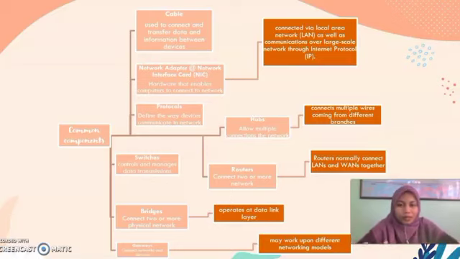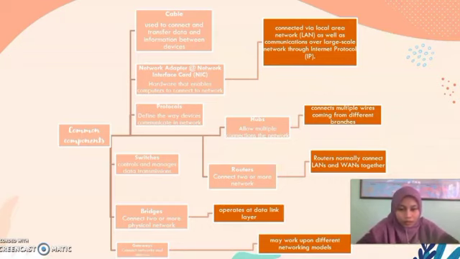It has many types, but the function is the same, which is to connect and transfer data and information between devices. And the second one is the network adapter, which we call NIC, network interface card. Its function is hardware that enables a computer to connect to a network, and then the hub, which allows multiple connections in the network.